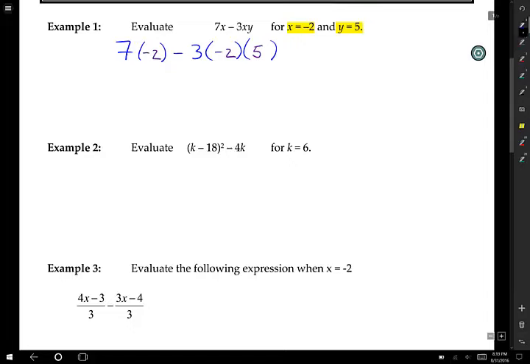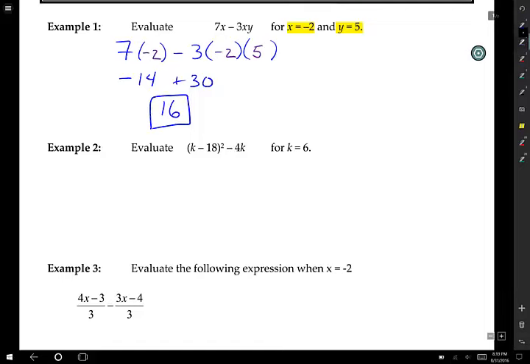We continue to work this problem and get -14. And then -3 times -2 is 6, times 5 is +30. Adding them together, our final answer is 16. So, no equal signs in the problem, but we evaluated by plugging in.